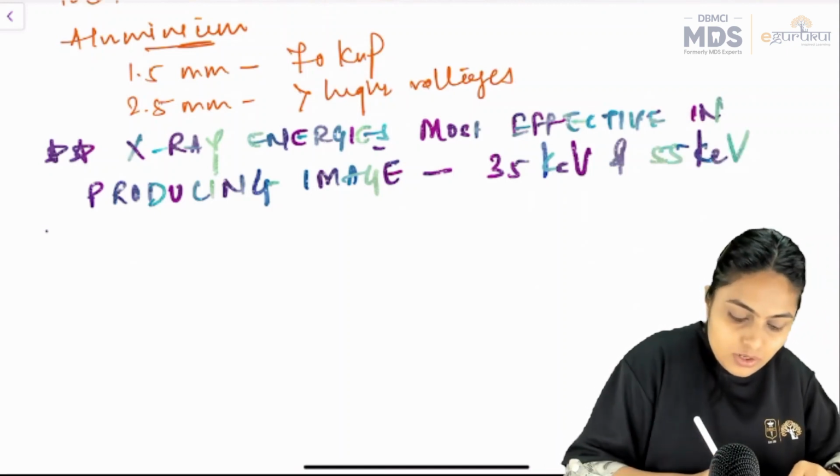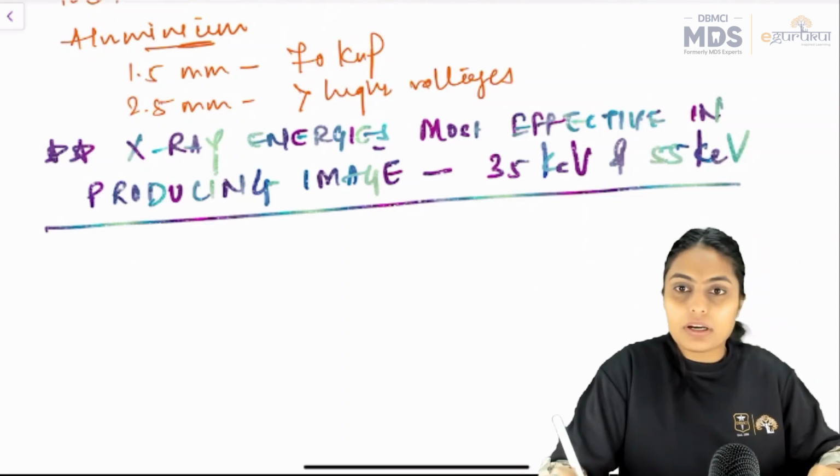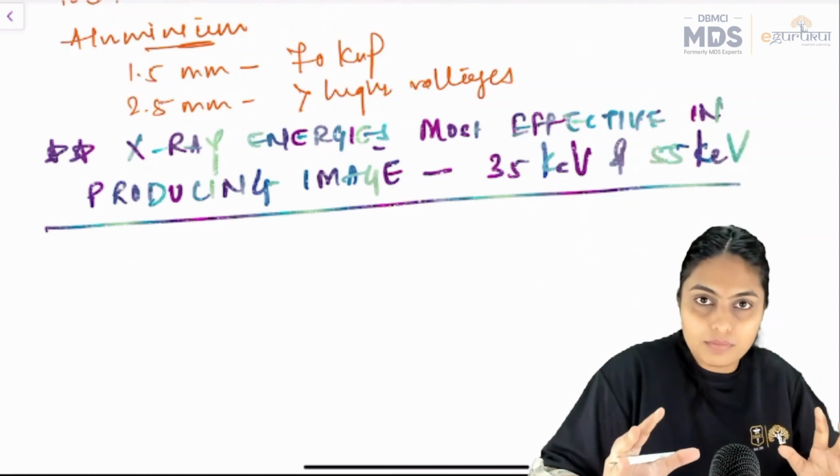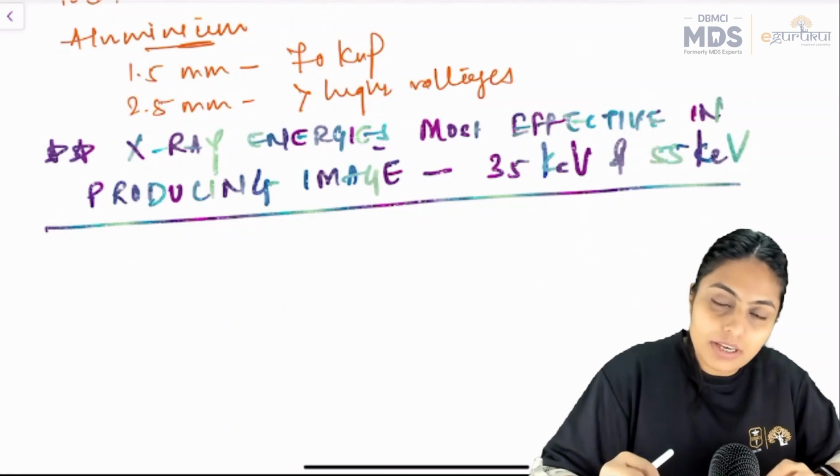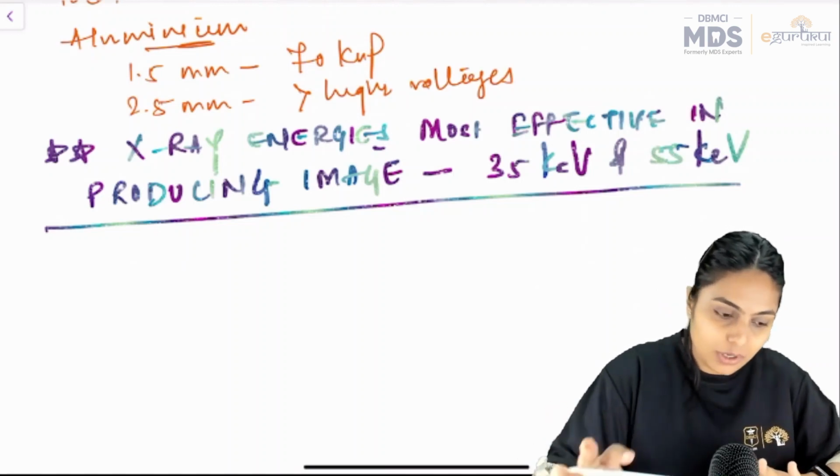So what is the range of X-ray energy that produces the most effective image? It is 35 kilo electron volts to 55 kilo electron volts.